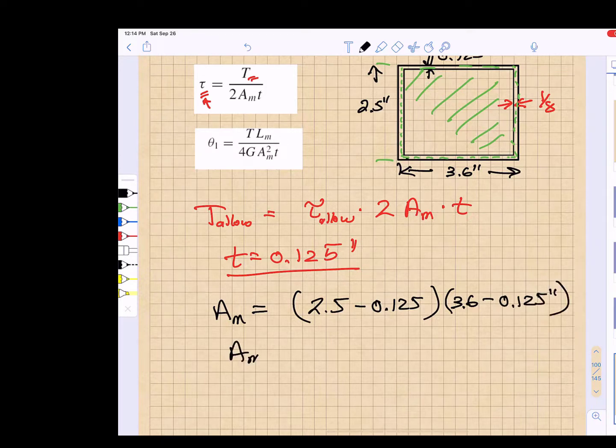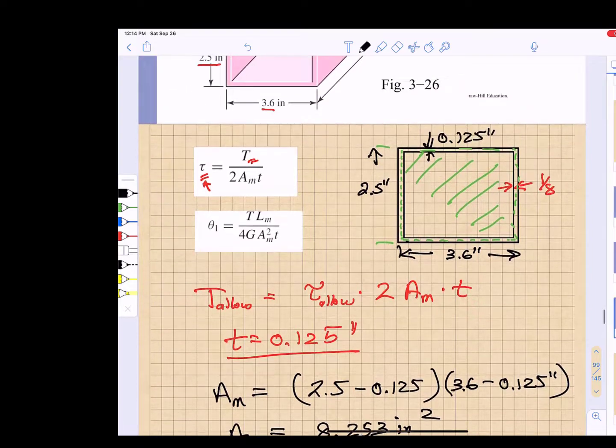And that gives me a median area of 8.253 inches squared.